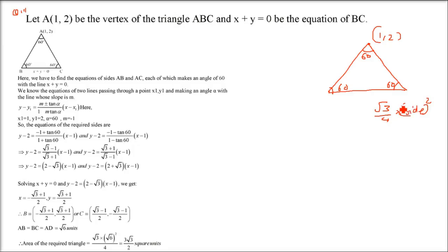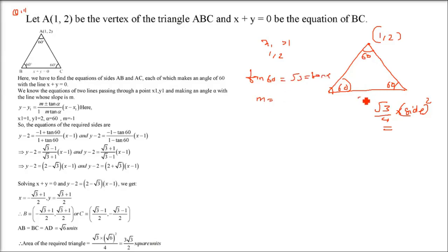For finding the side, first we have to find the coordinates of the endpoint of any of these sides. Let me tell you how the equations are going to be formed. One of the equations is known, so we'll find the intersection of two lines. Tan 60 is root 3, alpha is 60 degrees, so tan alpha is root 3, and x1, y1 is (1, 2).